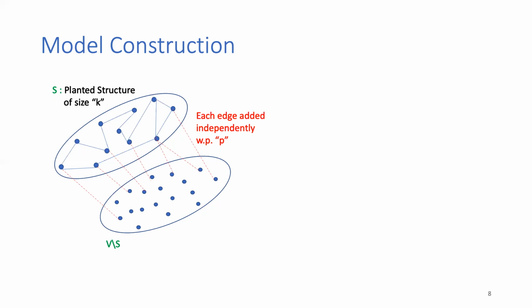And let's say for now V minus S is also a random graph with the same parameter p. So the subgraph on V minus S is the classical Erdos-Renyi random graph on n minus k vertices and parameter p.